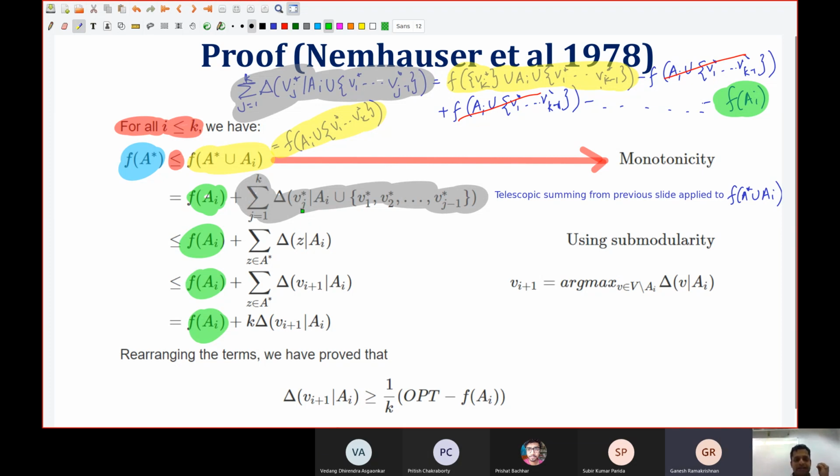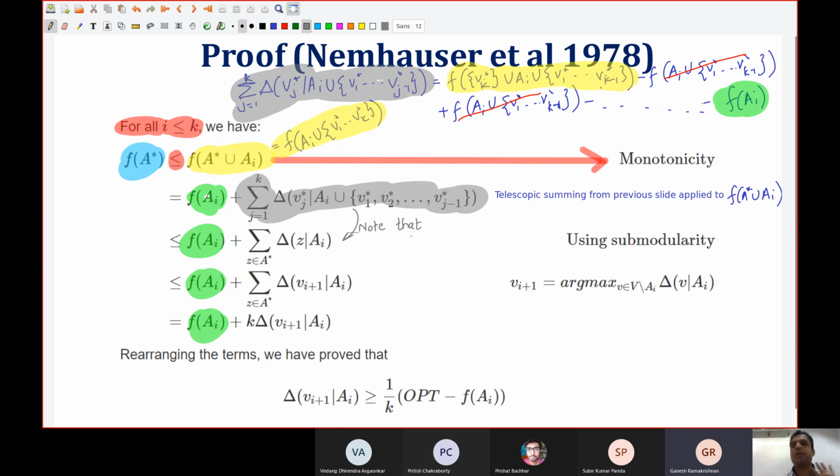So what is happening here is v_j star. What is v_j star given A_i? It's just an element added, right? But v_j star is just some element of A star. There was no ordering between the elements of A star. Okay, so note, please ask questions if you have.